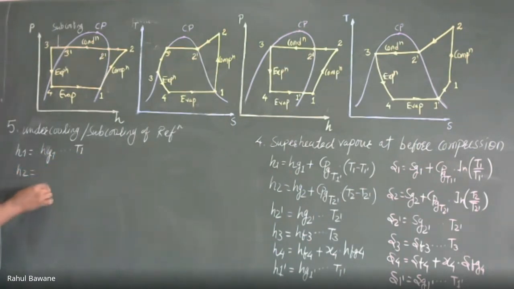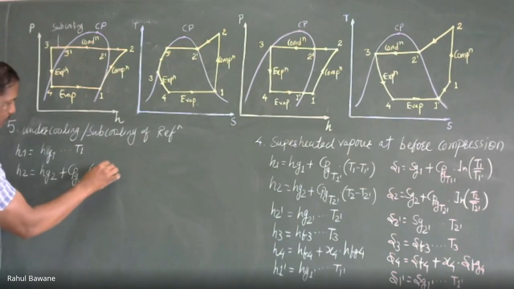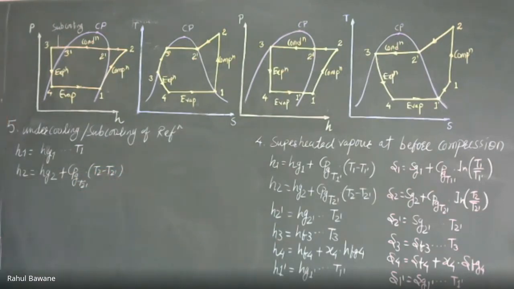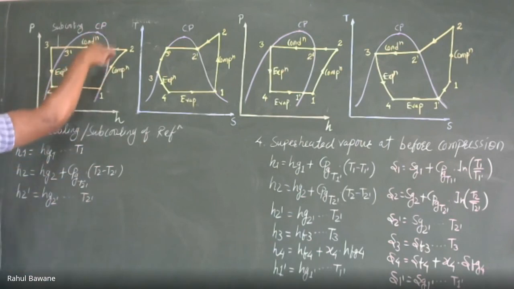H2 is superheated, so it will be Hg2 plus Cp of gas or vapor at temperature T2' multiplied by T2 minus T2'. H2' will be Hg2' at temperature T2', because it is itself a dry saturated condition.